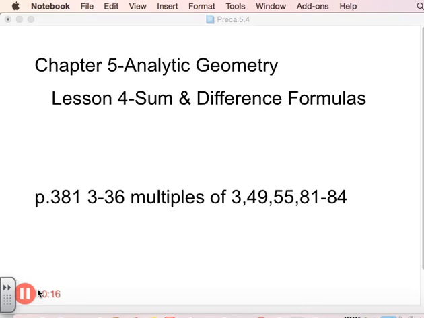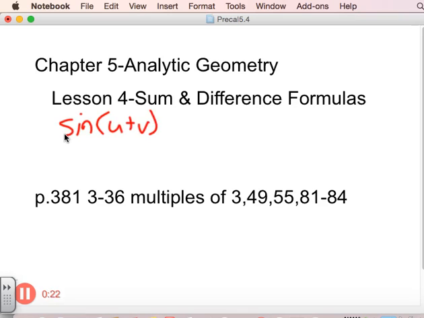But just to give you the formulas real quick, the formulas basically say that if you have the sine of one angle plus another, then that's going to be equal to the sine of the first angle times the cosine of the second angle plus the sine of the second angle times the cosine of the first angle. Alright, so that's one of the formulas.